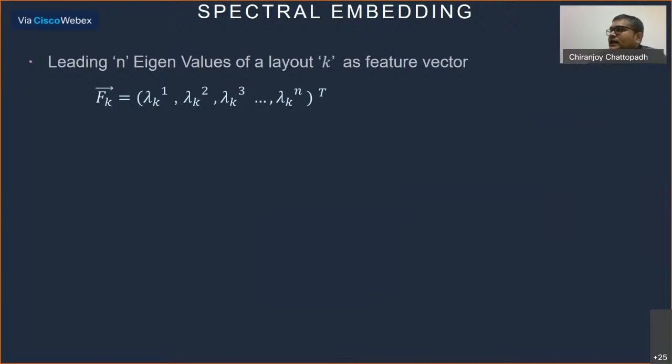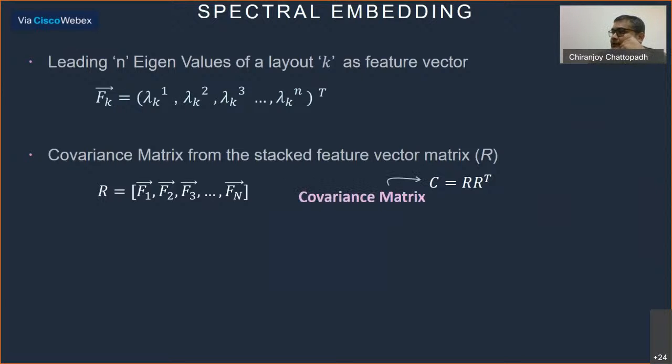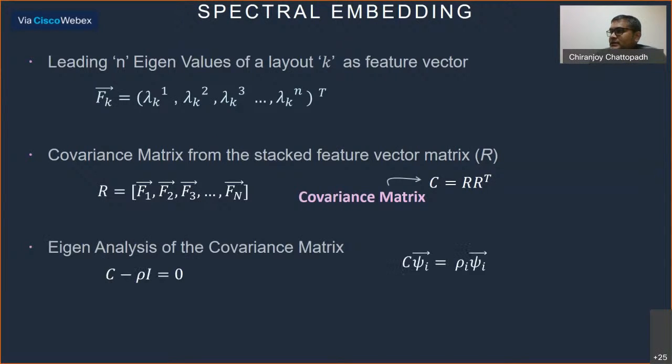So essentially we have this feature space where we do this spectral embedding. We have the n eigenvalues of that adjacency matrix, and then from the covariance matrix we have this representation, and all of this is happening on the adjacency matrix. Then we calculate the eigenanalysis on it, and the top 3 eigenvectors comprise the feature matrix.